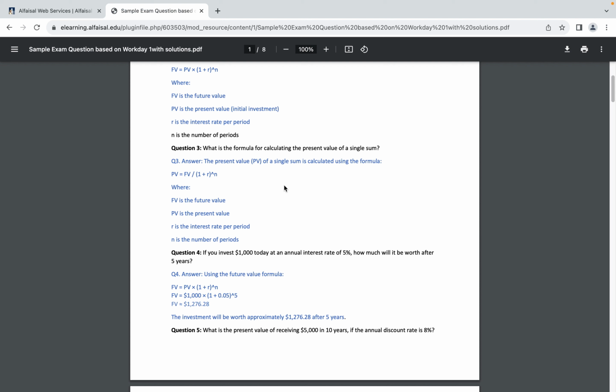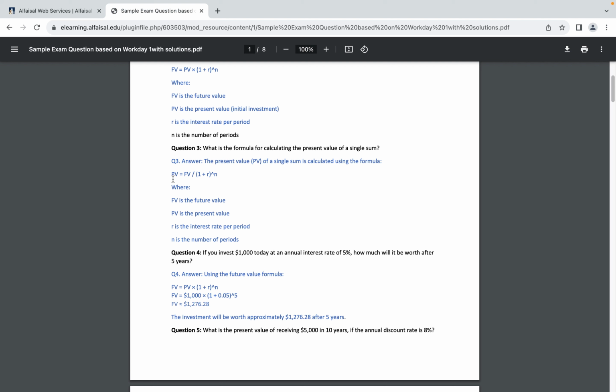Now, when we work out the present value of something, we find that we have to discount it. So this formula here, if I was to apply a verb to it, would be the discounting formula. If I was to apply a verb to the future value formula, that would be the compounding formula.